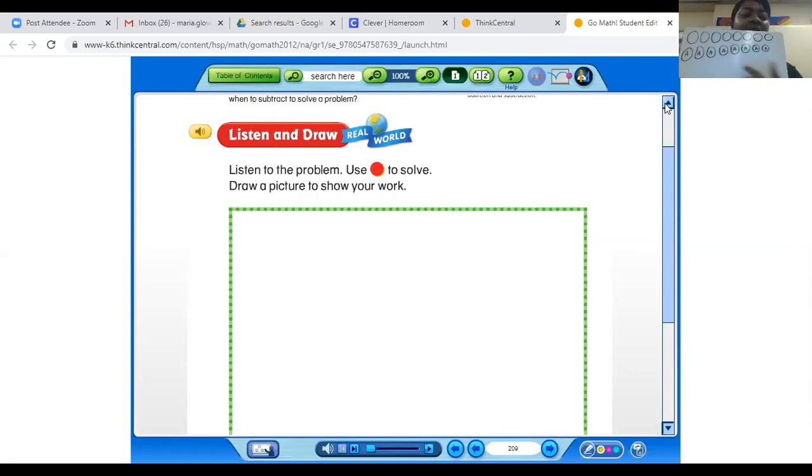So these are the 8 adventure games. The rest are math games. So that means that there are 1, 2, 3, 4, 5, 6, 7, 8 math games. All right. So let's continue and let's move on to page 210.